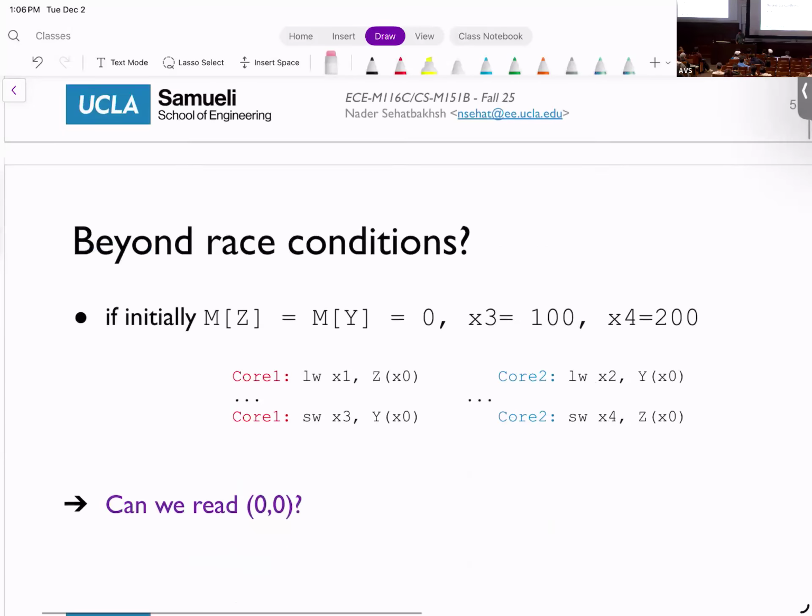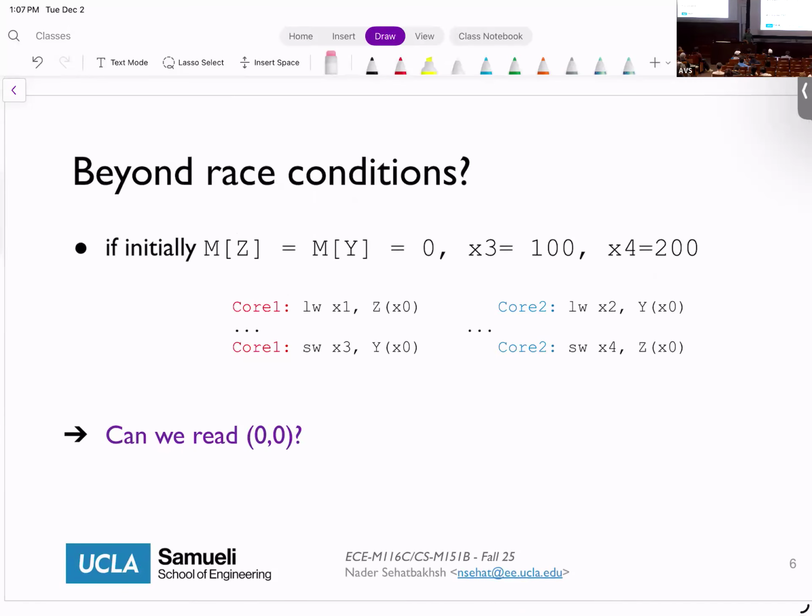The second thing that we're going to cover in this lecture is beyond race condition, and that's what we call the consistency problem. For example, in this particular case, you can see that based on the out-of-order optimizations that we described earlier in this course, there might be a scenario that you get read 0, 0 for x1 and x2, and that is when basically what will happen is that these things are happening before this.